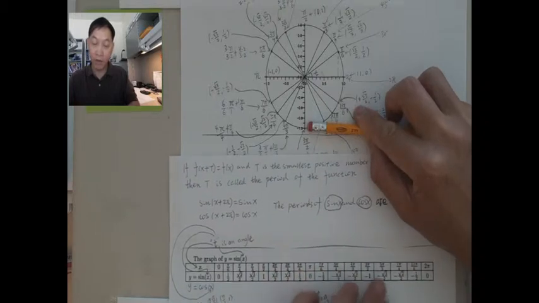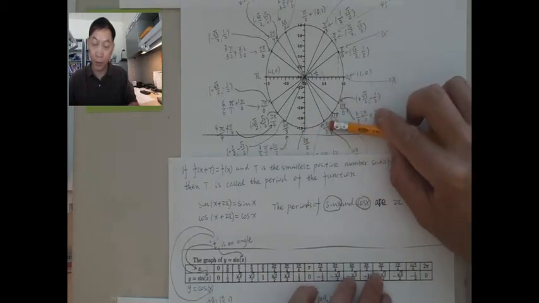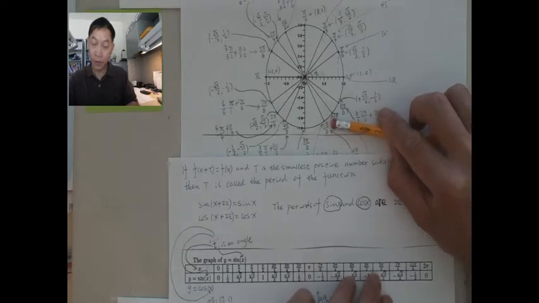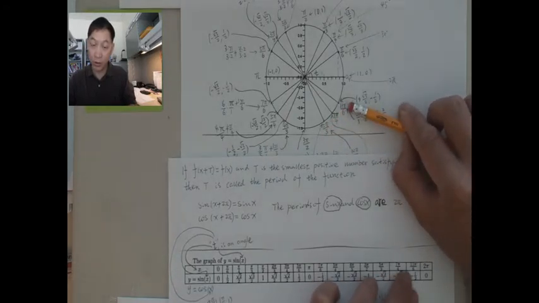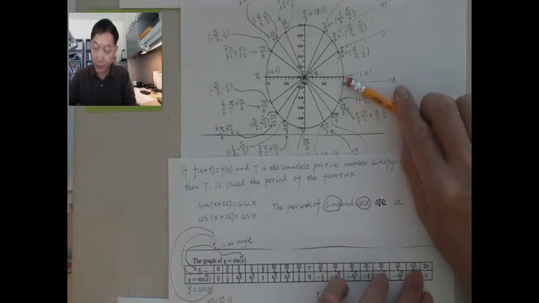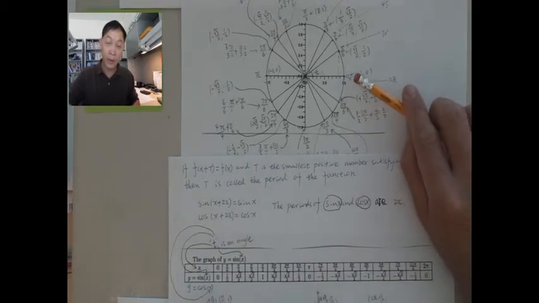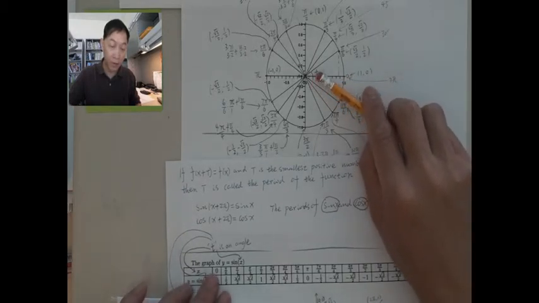Okay? And then 5 pi over 3, 7 pi over 4, 11 pi over 6. You add another pi over 6, that's 12 pi over 6, or that's 2 pi. It goes back. Okay? Yeah, and here t is the amount of angle.